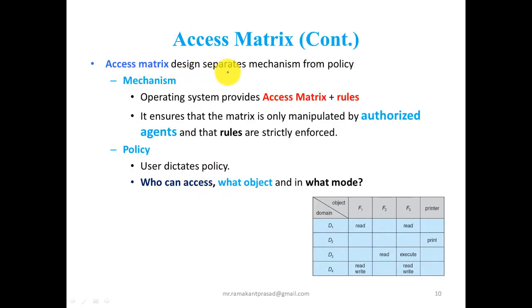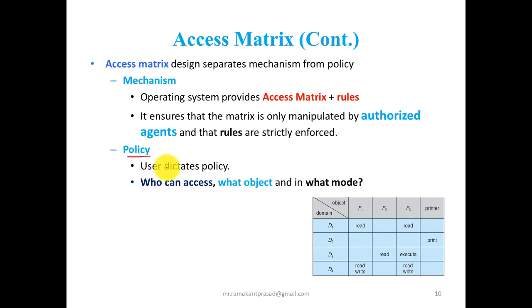The access matrix design separates mechanism from policies. Here the operating system provides the access matrix and rules under the mechanism, and it also ensures that the matrix is only manipulated by authorized agents and that rules are strictly enforced.